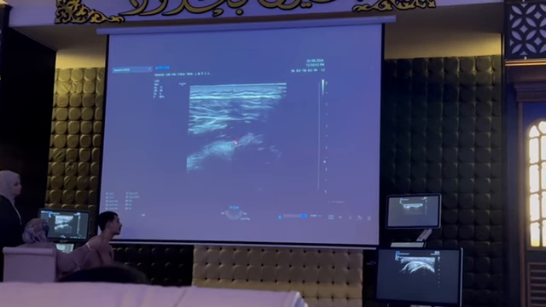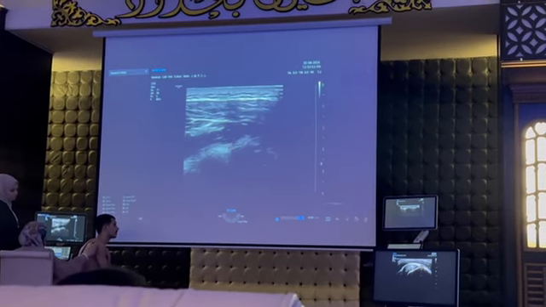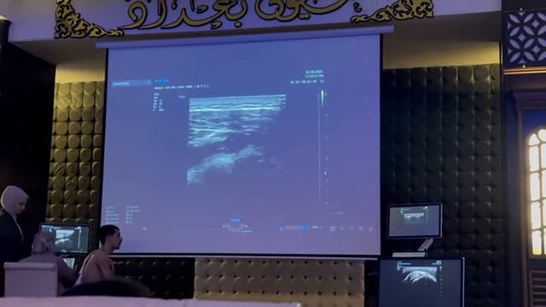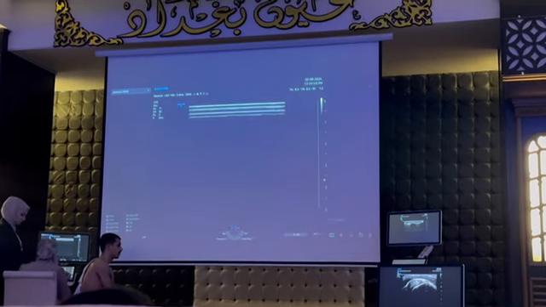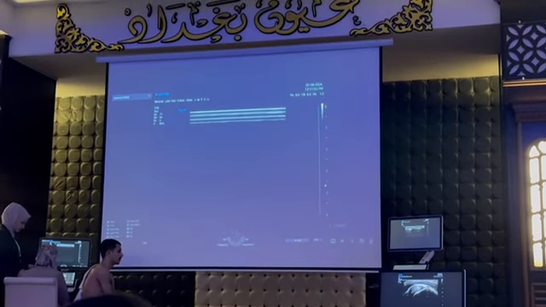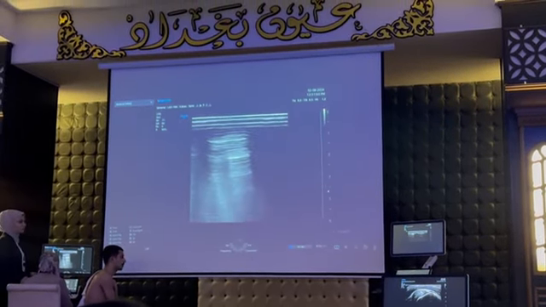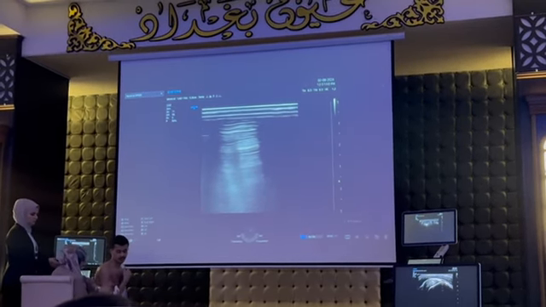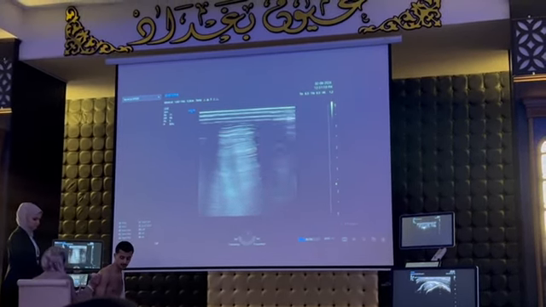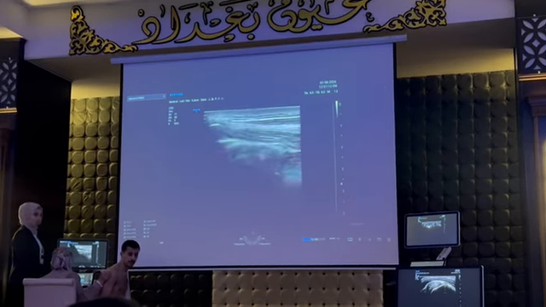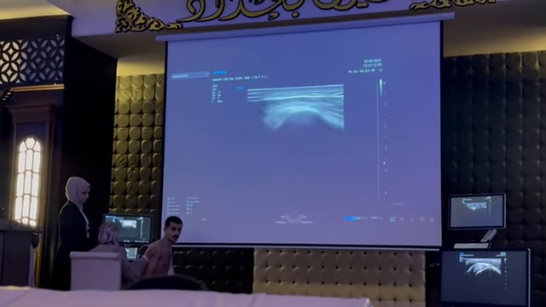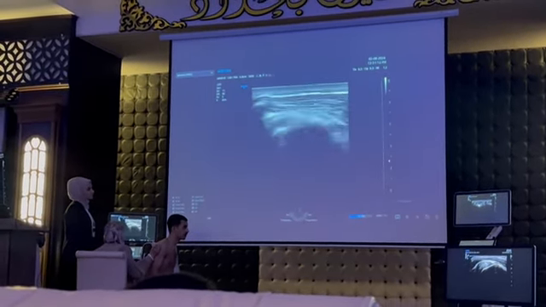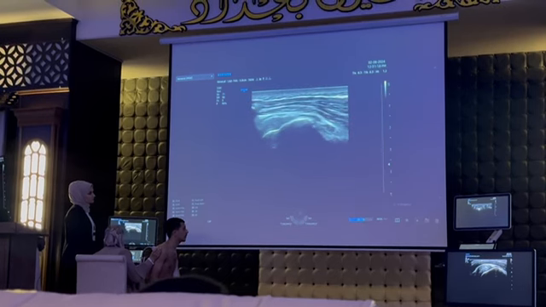There is another way to examine all facets of the greater tuberosity. How? By putting the probe sagittal on the greater tuberosity of the humerus, on the posterior facet.